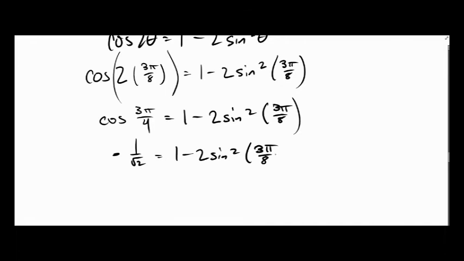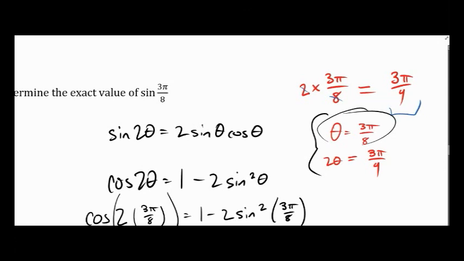What can I do now? Does anybody see it? We're supposed to be finding the exact value of the sine of 3 pi by 8.